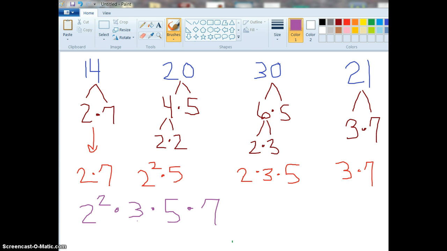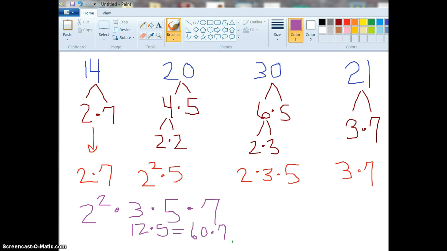So when we multiply these together, 2 squared will give you 4. 4 times 3 will give us 12. 12 times 5 will give you 60.